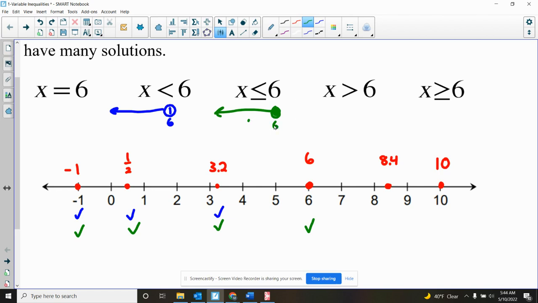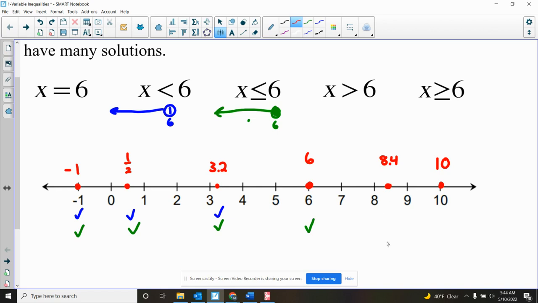Next up, let's take a look at x greater than 6. I'll do this one in red. So greater than means I need numbers bigger than 6. Is -1 bigger than 6? No. Is 1/2 bigger than 6? No. 3.2? No. Is 6 bigger than 6? No, it is not. 6 is equal to 6.